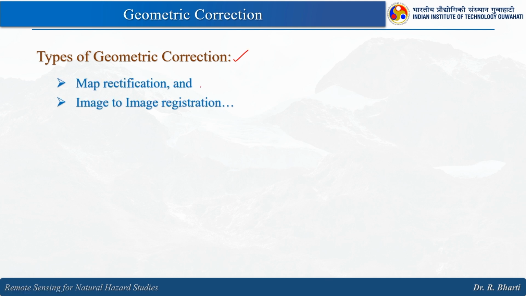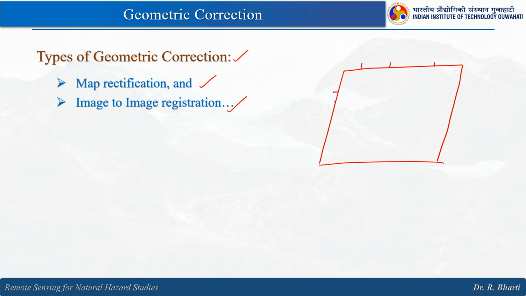The first one is map rectification. Another one is image to image registration. As I mentioned, toposheets are generated by the Survey of India in India, right, and toposheets have some latitude and longitude marked over these soft copy or hard copy maps, right.